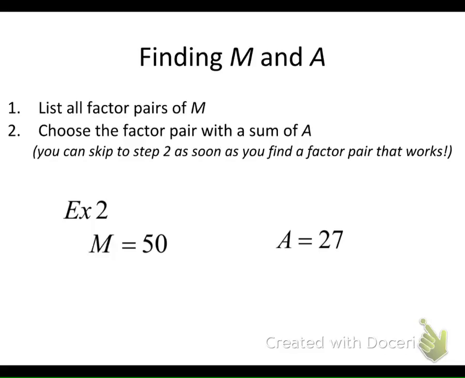So you can skip to step 2 as soon as you find a factor pair that works. For example, when we were writing out our factor pairs of 50, we had 1 times 50 and 2 times 25. When we got to 2 times 25 and noticed that 2 plus 25 equals 27, we could have stopped there instead of going on to 5 times 10.